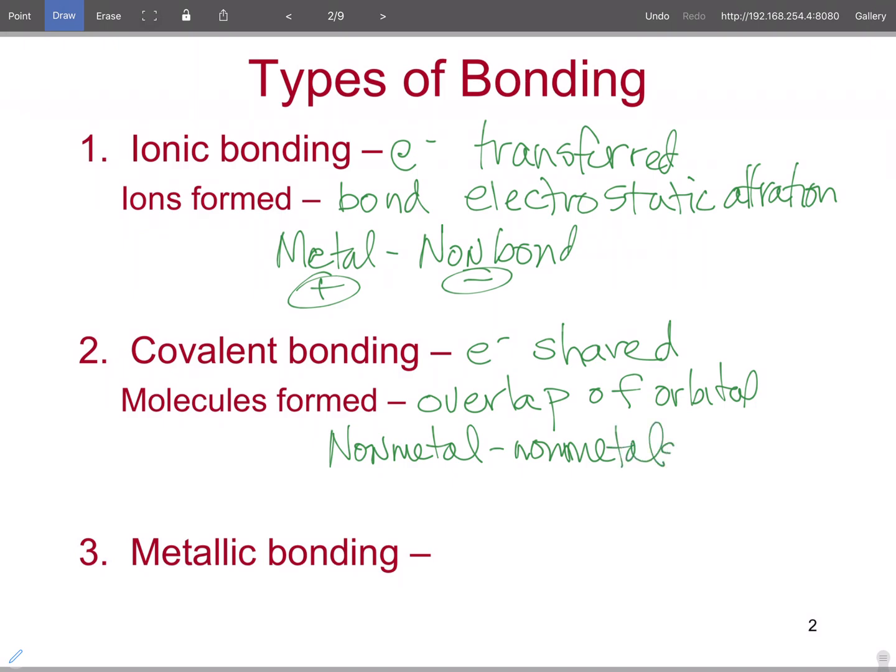So these occur only with nonmetals, and they're the huge class that usually involves organics, etc. So that's a huge class, and again, we'll talk about those in detail.